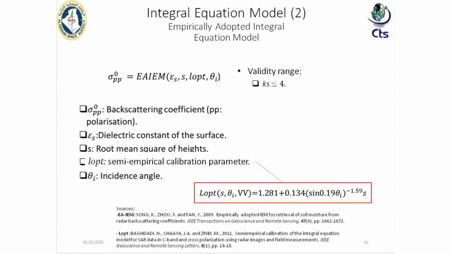Now, while SAR is very reliable and effective at estimating soil moisture content, it has so many constraints that can affect its performance, mainly bands, basically frequency.